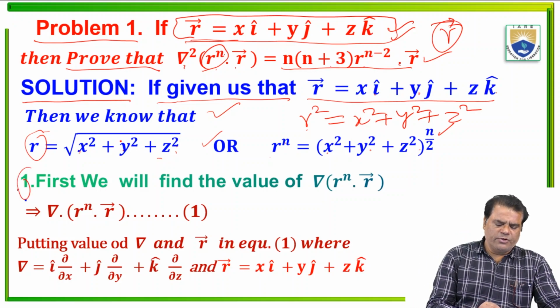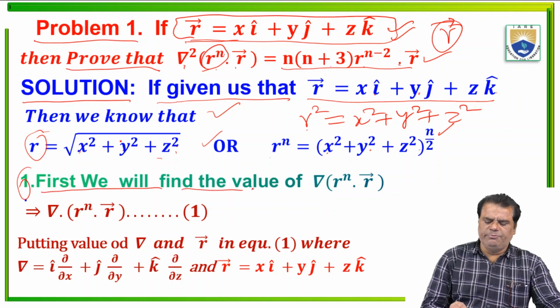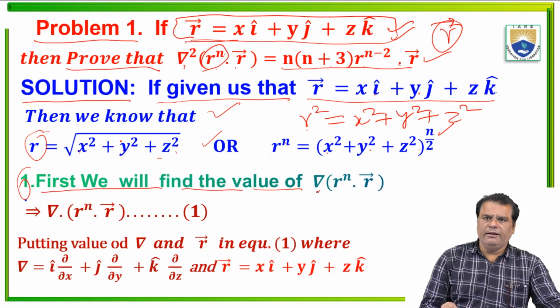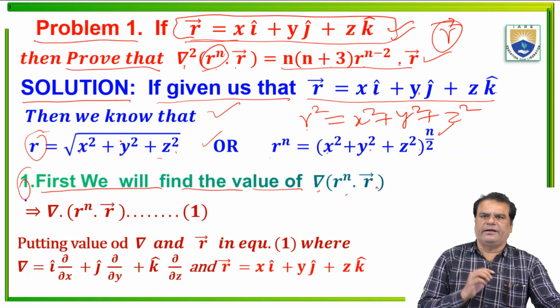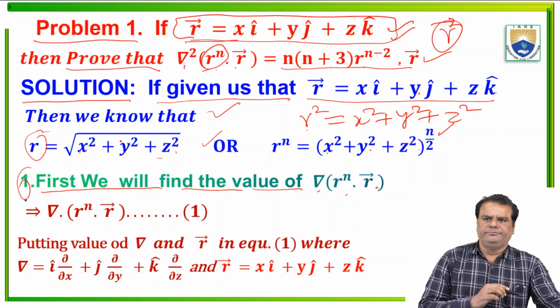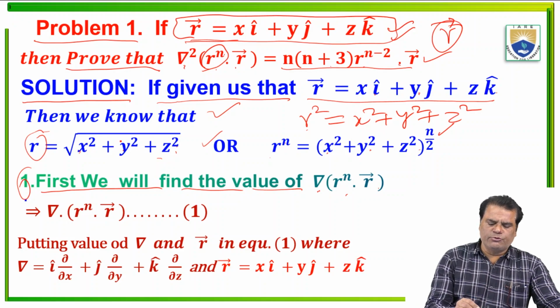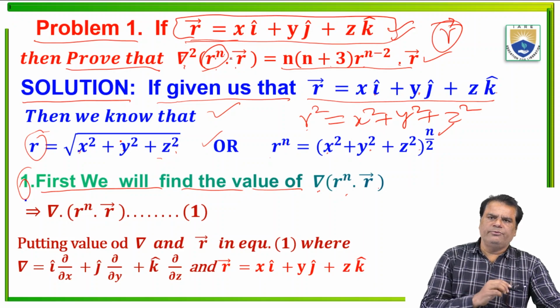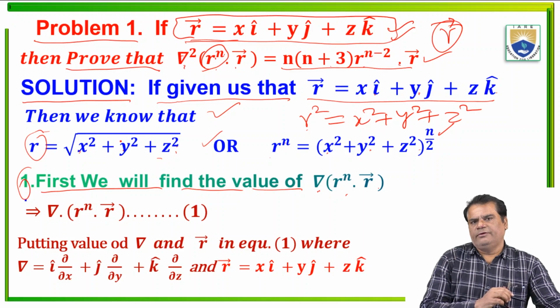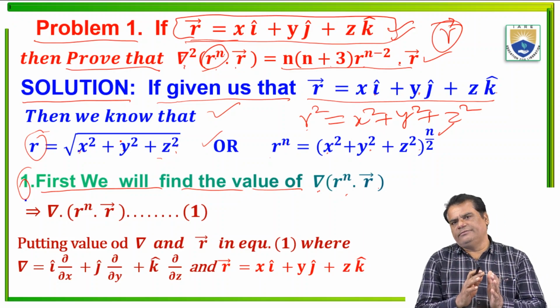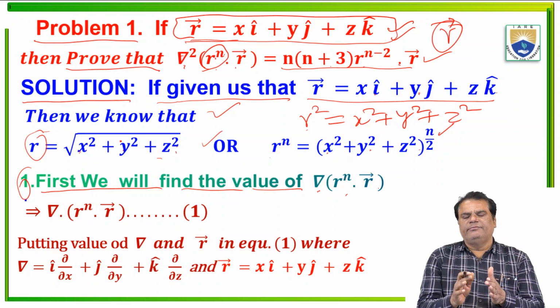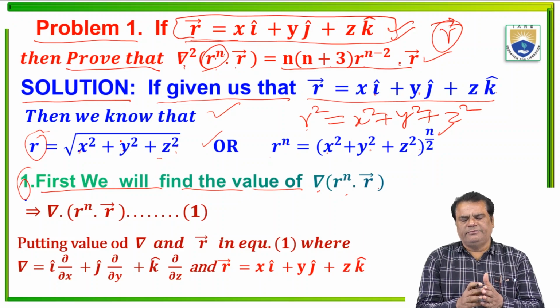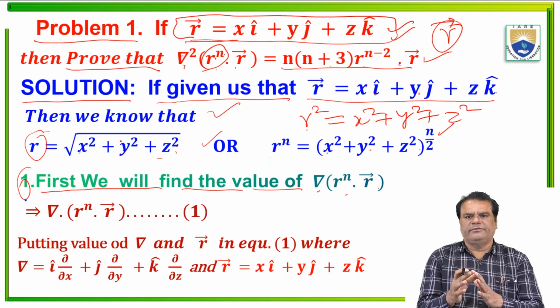Number 1: first we will find the value of del dot r to the power n vector r. In our question it is del square of r to the power n into vector r, but first we find del, then again taking the dot product with del, we get del square. I am taking the first power of del; in our question it is the second power of del.